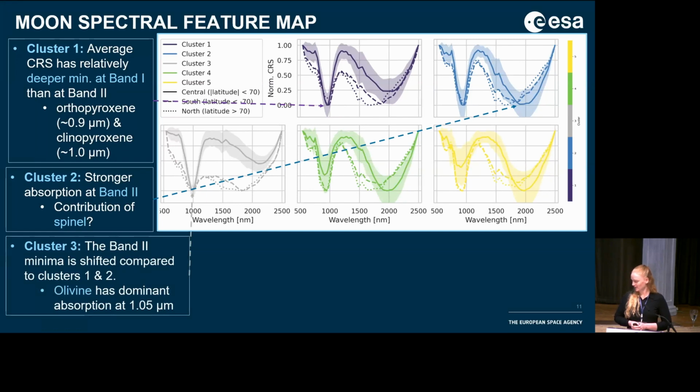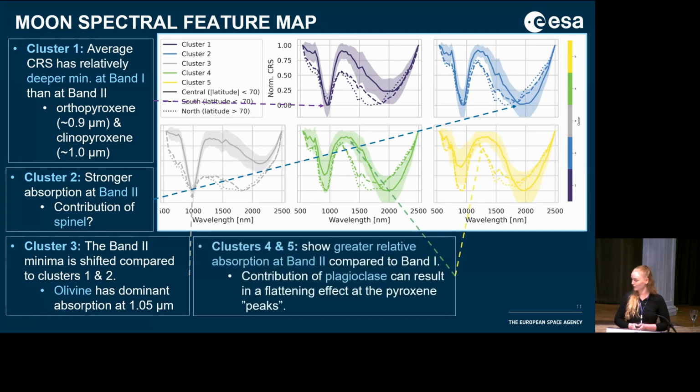For cluster 3, this is the mare-like cluster. It may be difficult to see here in the slide, but the band center at band 1, or the center of band 1, is shifted to the right compared to cluster 1 and 2. And this may be attributed to a larger content of olivine, since it has dominant absorption features around 1.05 microns.